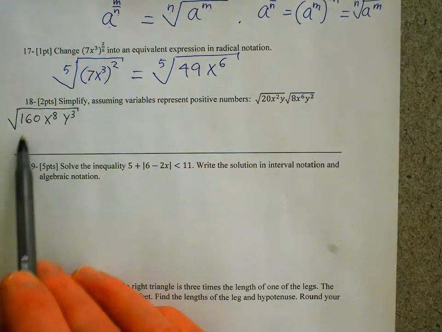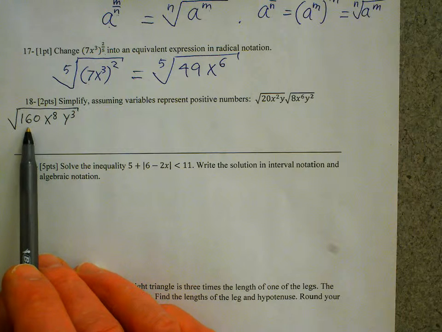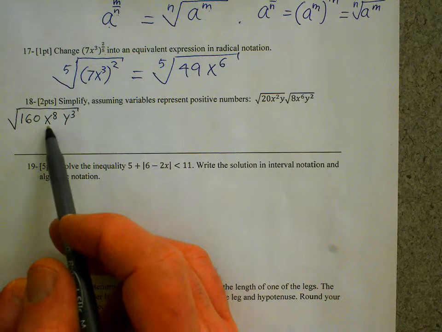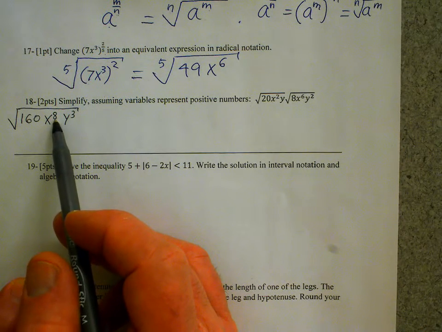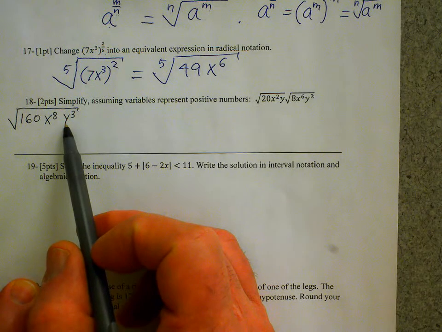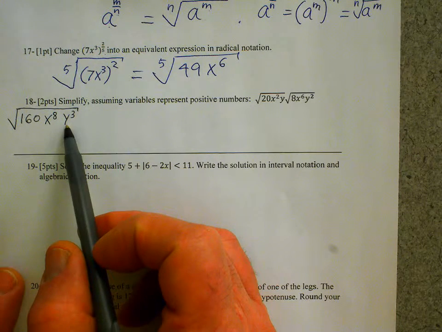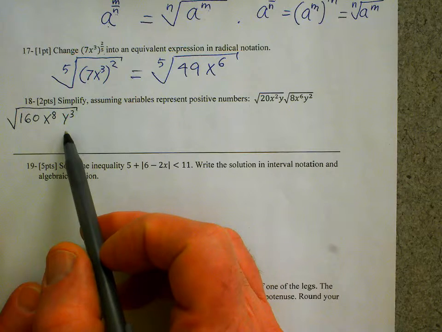The largest factor of 160 that is a perfect square is 16. 16 times 10 is 160. x^8 is a perfect square because the exponent 8 is even. And for y^3, the largest factor that's a perfect square is y^2.